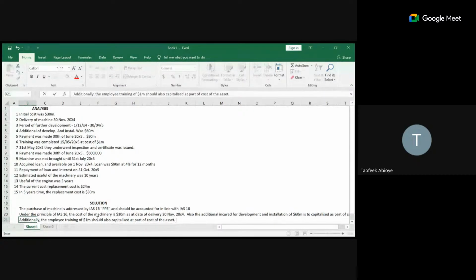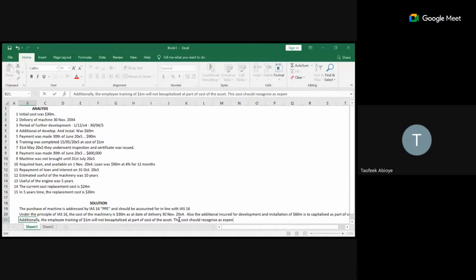So the employee training of 1 million, let me change it now, will not be capitalized as part of the cost of the assets. This cost should be recognized as an expense.